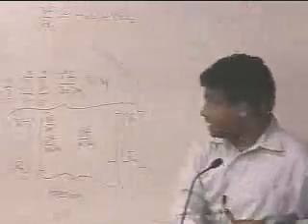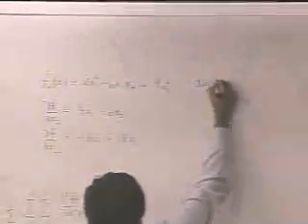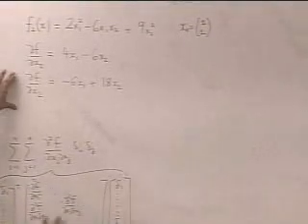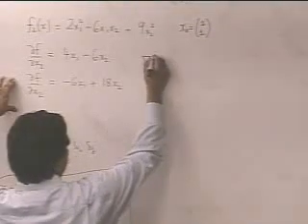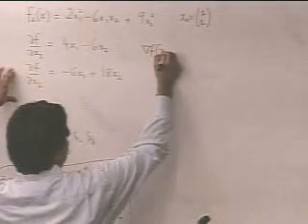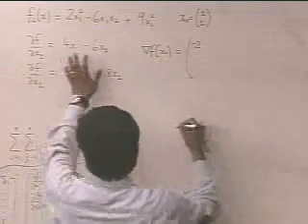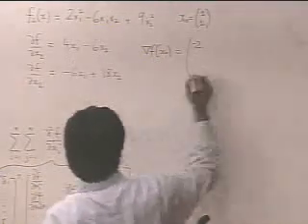Let's choose a point, it doesn't really matter. Let's take the point x0 to be the point 1, 1. At that point, the gradient vector is given by -2. I just put in the expression here, and over here it's 12.